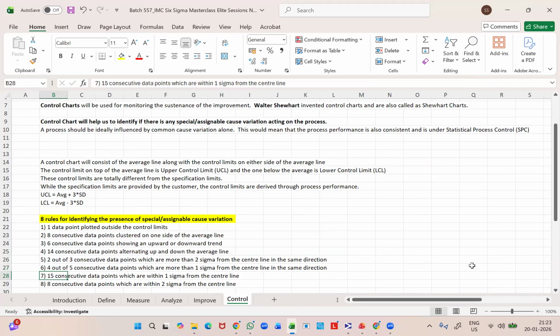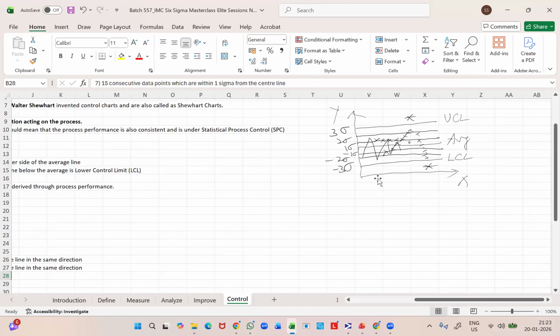Or if you find 15 consecutive data points which are within 1 sigma from the center line, so within this band between plus 1 sigma and minus 1 sigma, getting plotted in that particular band, then also we need to suspect presence of assignable cause variation.